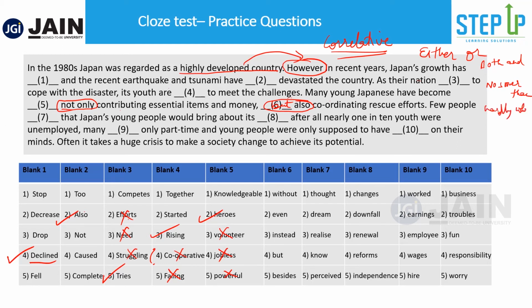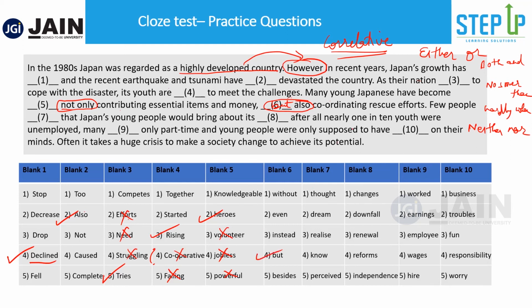So this is the case of correlative conjunctions, right? Neither nor. So some of these conjunctions always go together. So here it was a grammar thing: not only, so here it has to be but also, no other option, right? So the option is here.